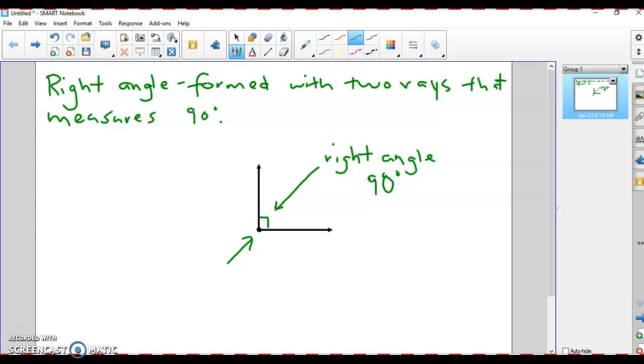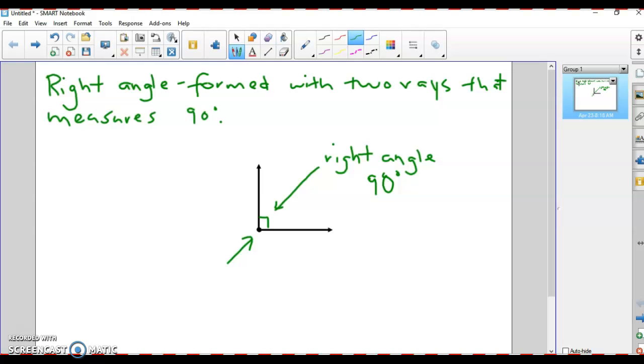But edges of notebook paper, edges of tiles in your bathroom or in your kitchen on the floor, most of them form right angles. There are right angles outside in driveways or sidewalks. There are right angles on books, on the edges of books. So usually a lot of the edges on things are going to be forming right angles.